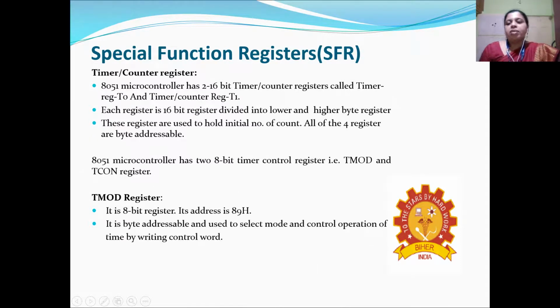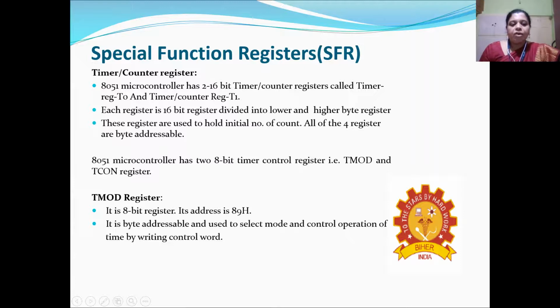Okay, next are the special function registers. Apart from the general purpose registers, we have special function registers in the 8051 microcontroller. The first is the timer and counter registers. We have already seen that the 8051 has two timers, both of them 16-bit. So we have two registers, T0 and T1.